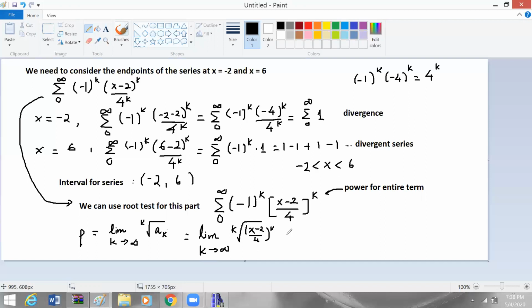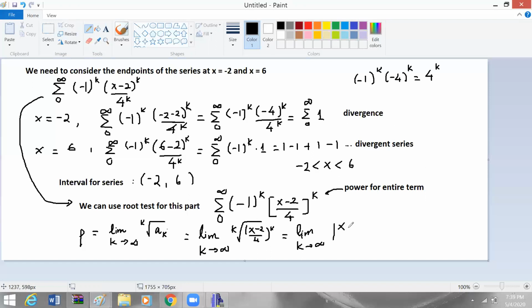So the k root and k power cancel out, and that becomes x minus 2 over 4. In other words, the root test just literally gets rid of the k power. Just take the limit of the x minus 2 over 4 as we have right there, making sure that we have the absolute value.